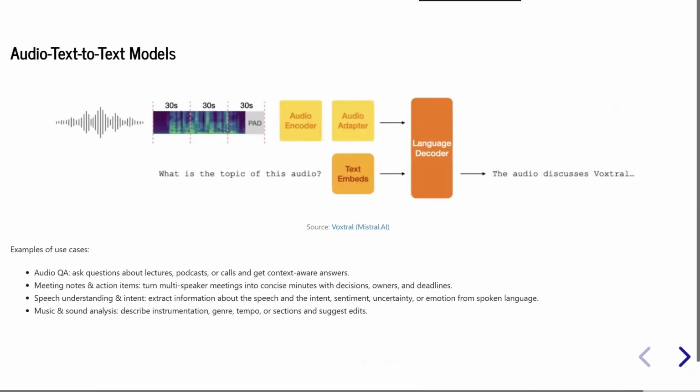And finally, I want to conclude by showing you also these audio text to text models, where the idea once again is the same as in the Lava-based model. So we have some audio that is tokenized or embedded into some text token space. And then we have an audio stream, so we need to pre-process this audio stream by dividing it into different segments, similar to what we did with the images and patches.